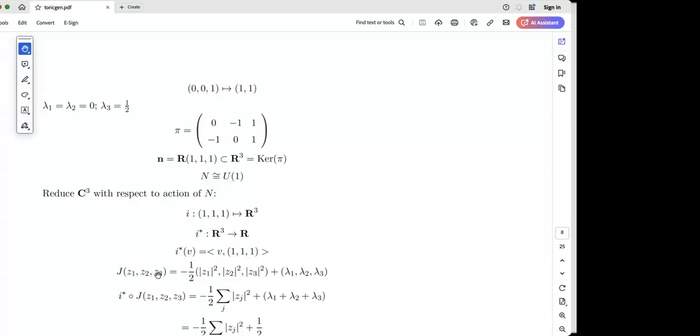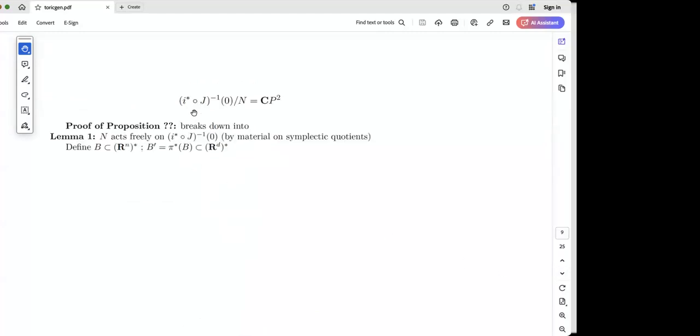So J sends (z1, z2, z3) to (lambda 1, lambda 2, lambda 3) plus minus 1/2 times the sum of the norm squareds of z1, z2, z3. So I star of J of (z1, z2, z3) is minus 1/2 times the sum of the norm squareds, plus lambda 1 plus lambda 2 plus lambda 3, which gives you plus 1/2.